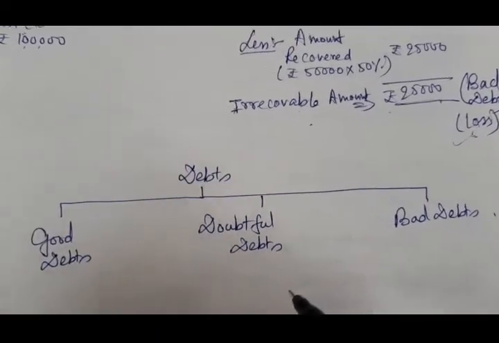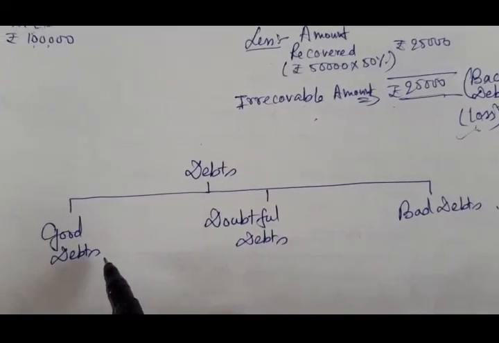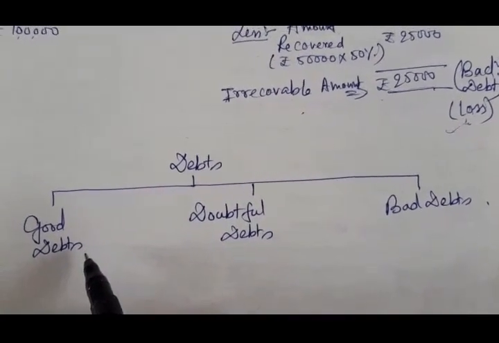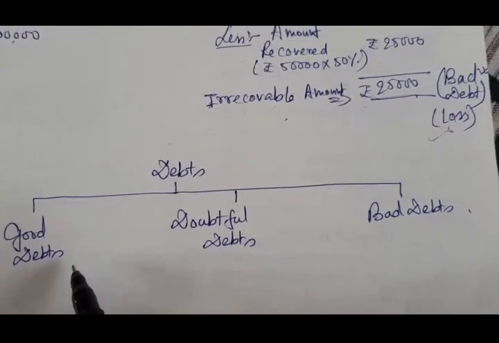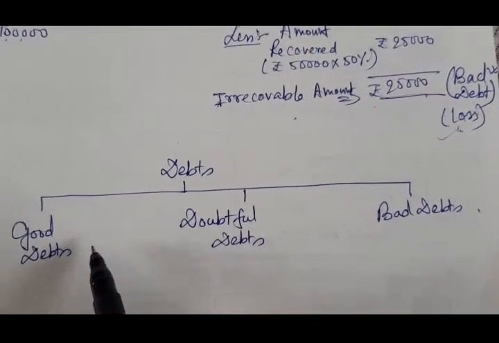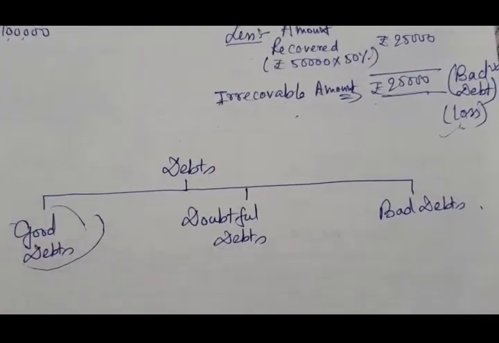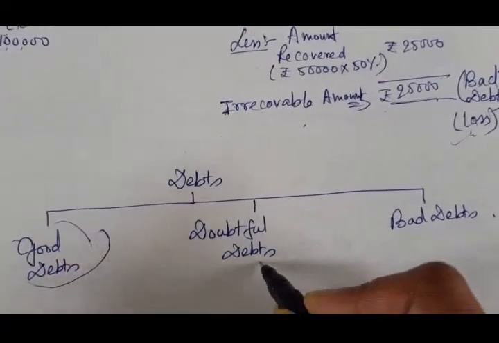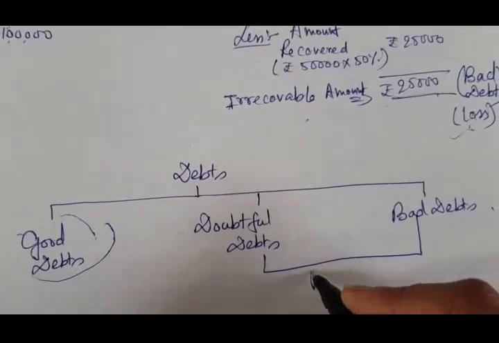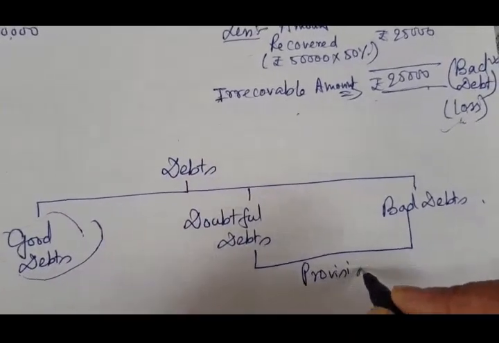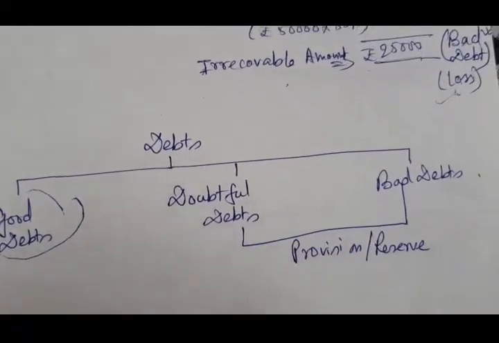Now for good debt, we don't have to create any provision. So what is a provision? Provision means creation of a fund. Keeping money to compensate for future loss is called a provision. So if the debt is good, there is no need to create any provision. But in the case of bad and doubtful debt, there is a need to create a fund called provision or reserve. What kind of provision are we creating?